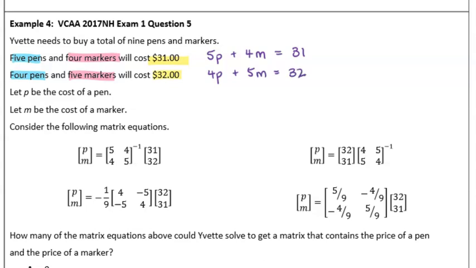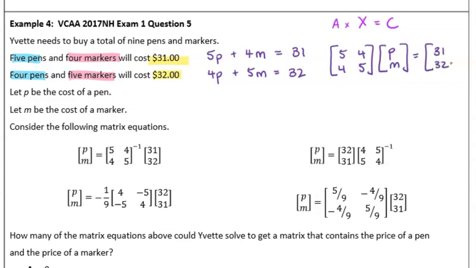So our obvious setup, if we just take these equations and think of how we would set it up in that form, A times X equals C, we would have 5, 4, 4, 5, P, M, and 31, 32. So that's just a straight conversion from the equation into that matrix form as we see it. First equation on the top row, second equation on the bottom row.